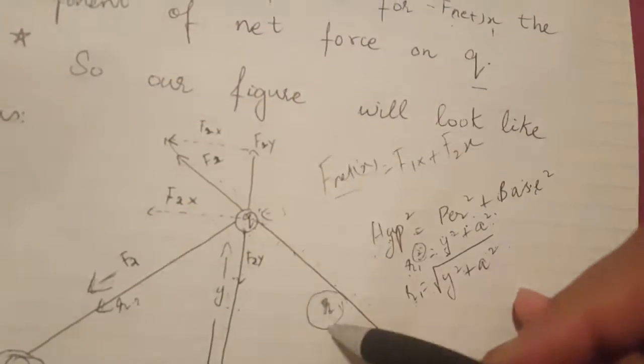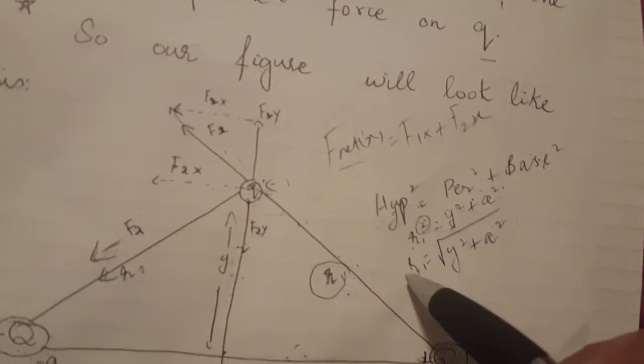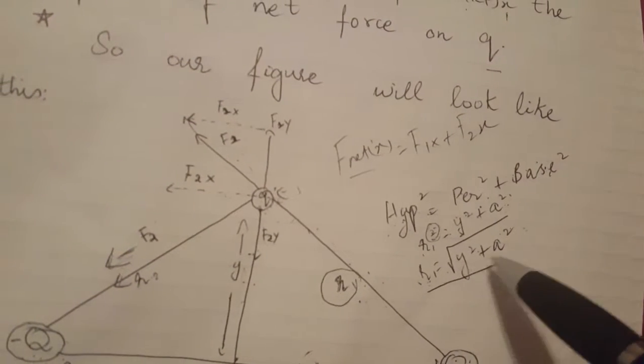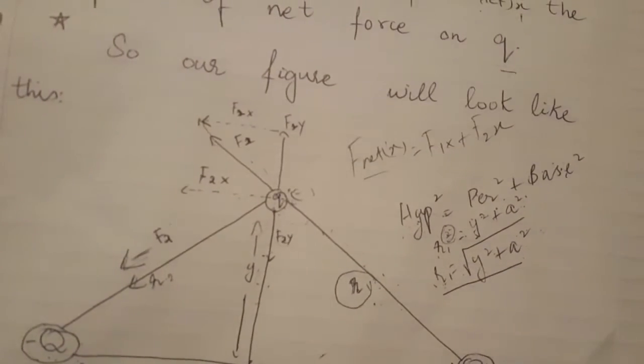In this case, R1 squared is equal to y squared plus a squared. Taking the square root on both sides gives R1 equal to the square root of y squared plus a squared. We'll put this value in our equation.